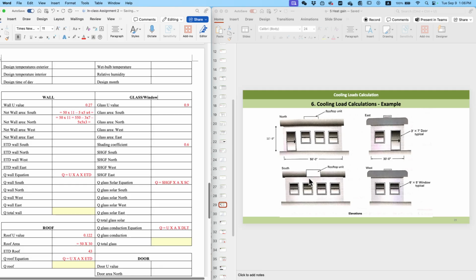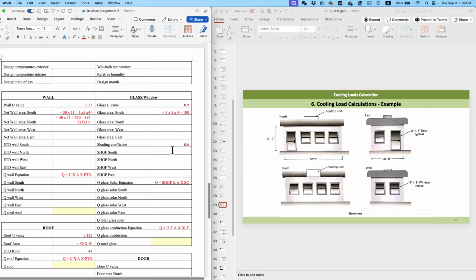South is 4 windows. 4 windows area should be 5 by 5 by 4. And same as north, north is 3 windows, 5 by 5 by 3. And how about west, 1 window, east, 1 window. Okay, so fill out the glass area for the rest of them.